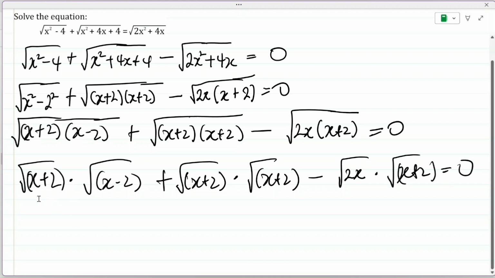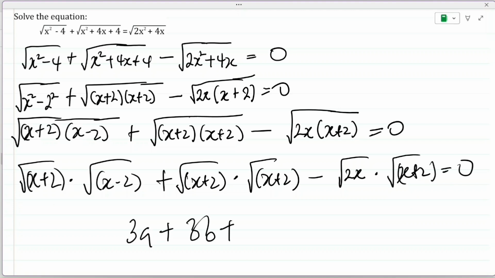Watch, the three of them, that's this first one, this second one, and this third one, all have square root of x plus 2. That's like a common factor, which could better be described as the highest common factor. So you take out what is common in the three of them. It's like having 3a plus 3b plus 3c. All of them have 3's.